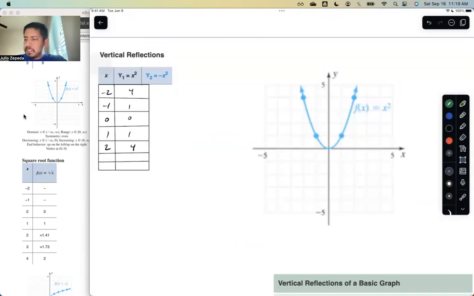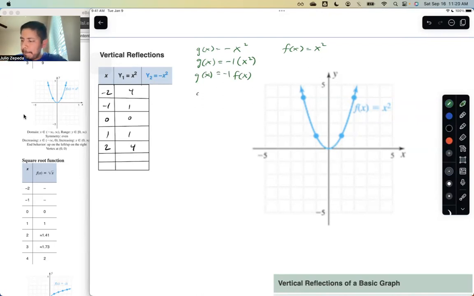If I define a function, let's call it g of x equals negative x squared, where f of x is equal to x squared. Notice what we get here. G of x is really just negative 1 times x squared, which is negative 1 times f of x. I just put a negative in front of the original function. And that's going to make all the y values just opposite what they were before.